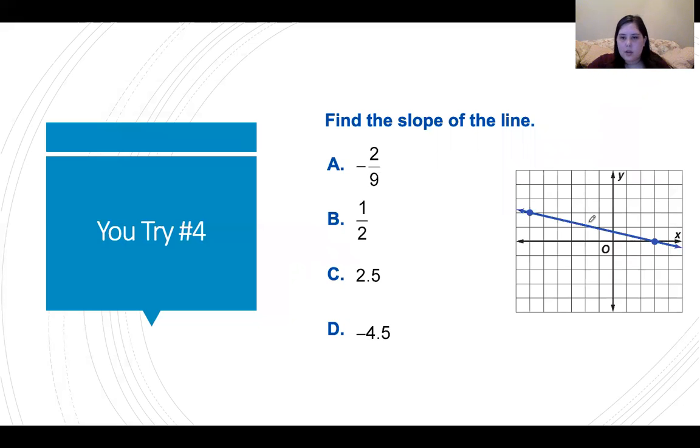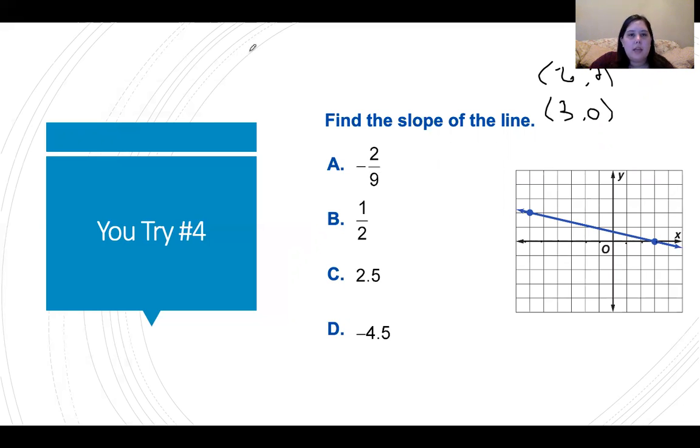All right, so here we're going to count 1, 2, 3, 4, 5, 6. So one coordinate point is -6, and we went up 2, so (-6, 2). Our other coordinate point, we have 1, 2, 3, and it's on the x-axis, so (3, 0) is our coordinate point.